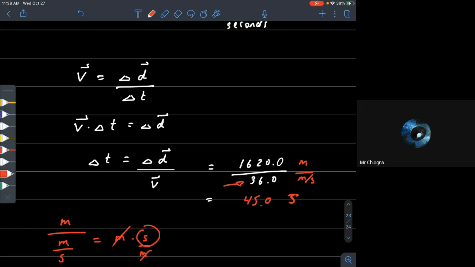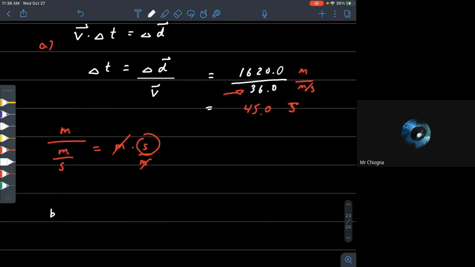Okay, B, that was A. You got 36 meters per second. What's the conversion factor? What do you multiply by to convert to meters per second? 3.6. Memorize it.